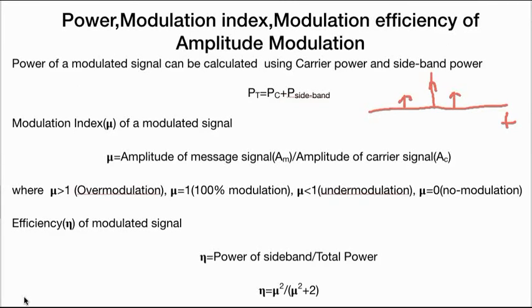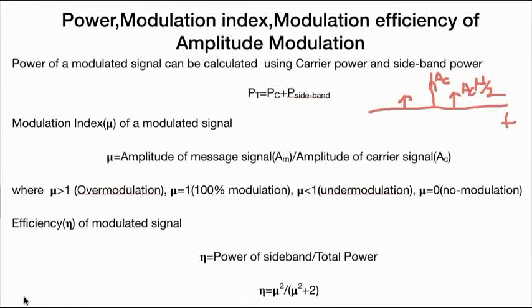This will be the spectrum of a double sideband signal having an amplitude AC at the center and AC mu by 2 at the sidebands.